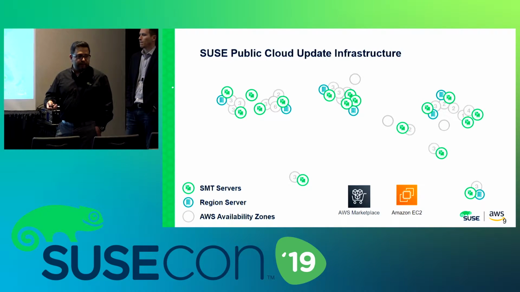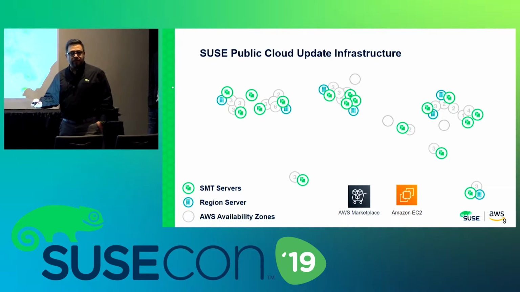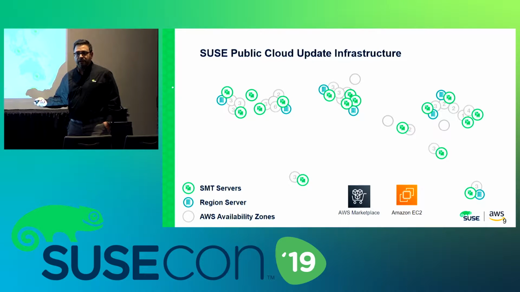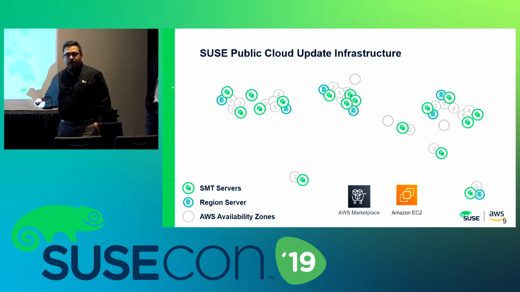And they are highly available and redundant. So what this means is if you're a customer deployed in Sydney, you're not pulling an update from Hong Kong. It's actually local to that AWS region. And what this means is you have fast updates. If you're performing these updates, it's all within that AWS environment.